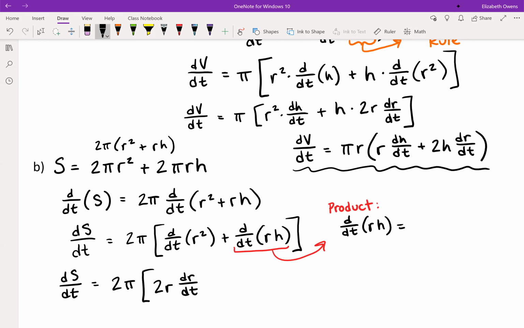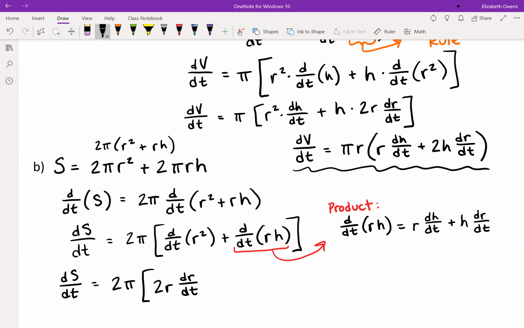We'll do it off to the side here just to conserve a little space, but we'll do our first function times the derivative of the second, which is dh dt. And then plus our second function, h, times derivative of the first, and that would be dr dt. Okay, so that's what the product rule looks like there.